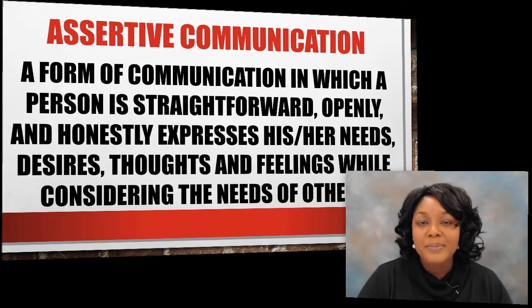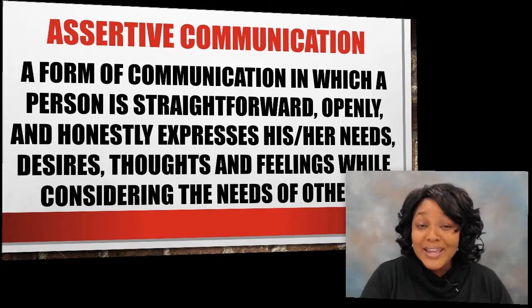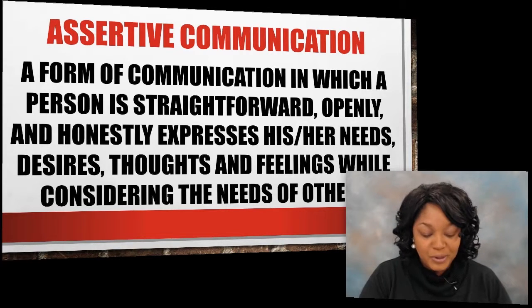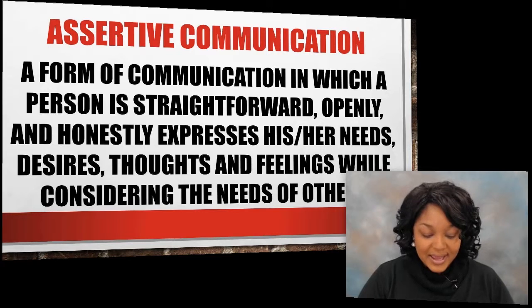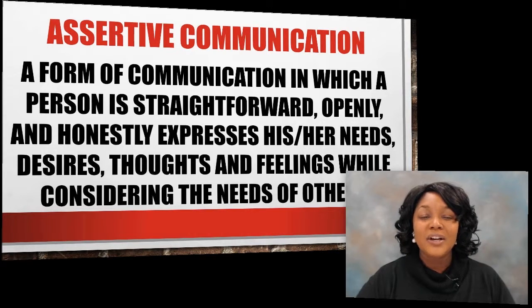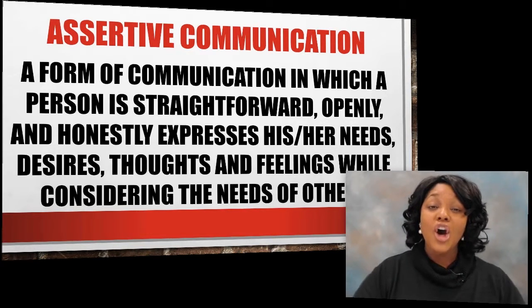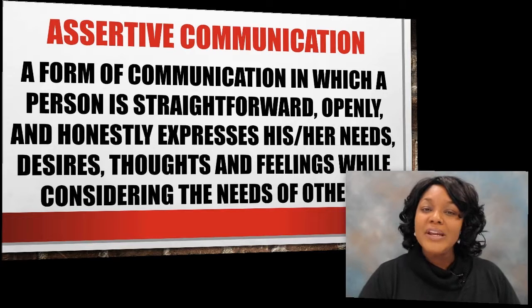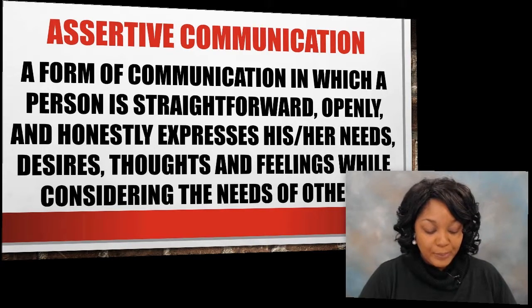When other people are communicating with you, assertive communicators zone in and show that they are attentive and fully present in the communication. Also, there is direct eye contact. There's a great deal of positive posture. You are not slumped over, you're standing erect and tall, your shoulders are back, and you're very confident in what you're expressing to other people.